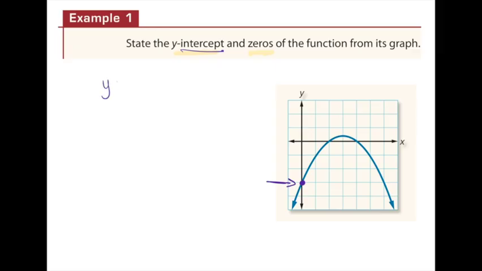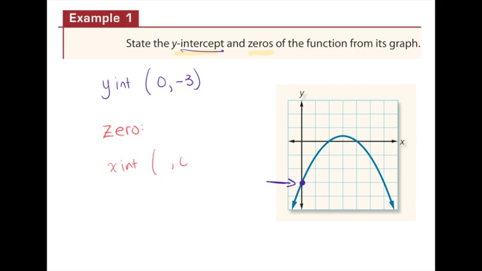So y-intercept then is going to always have an x value of 0 and a y value of wherever it crosses. This crosses at 0, -3. So the y-intercept here is -3. The next thing they ask for is state the zeros. Well, we need to find the x-intercepts to find the x value of those.